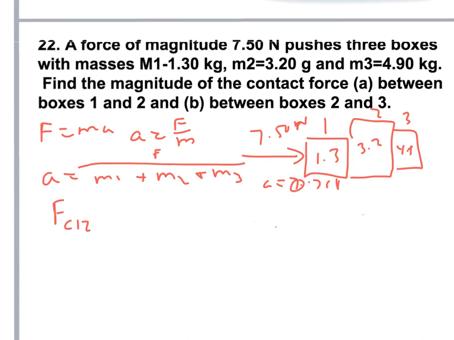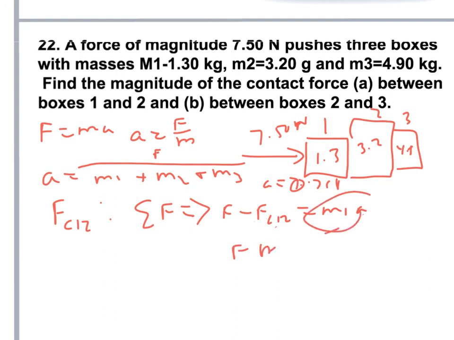When we look at the first box, the summation of all of our forces is going to look like the applied force minus the contact force between them, and that's going to equal m1 times a. So we just want this contact force. So we're going to bring this ma over here, F equals ma.